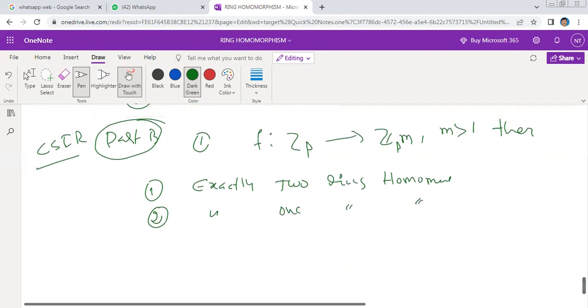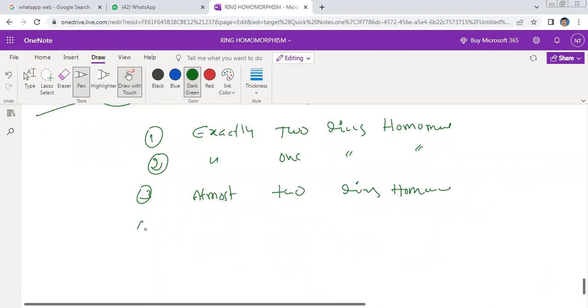Third option: at most 2 ring homomorphisms. Number 4: at least 2 ring homomorphisms.